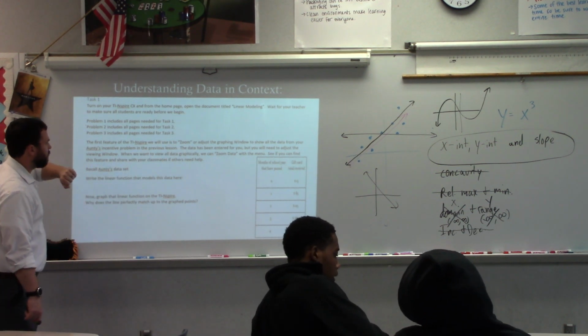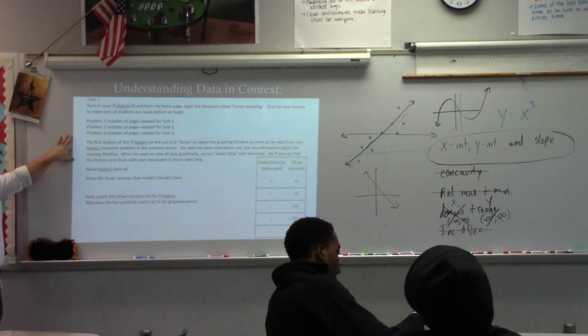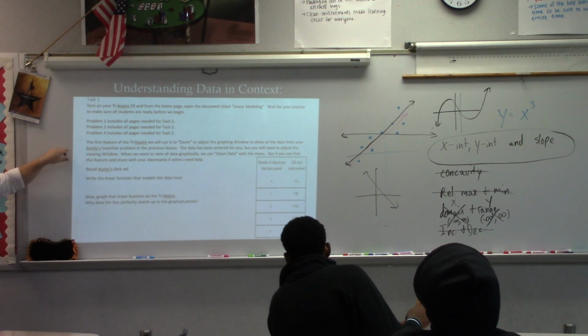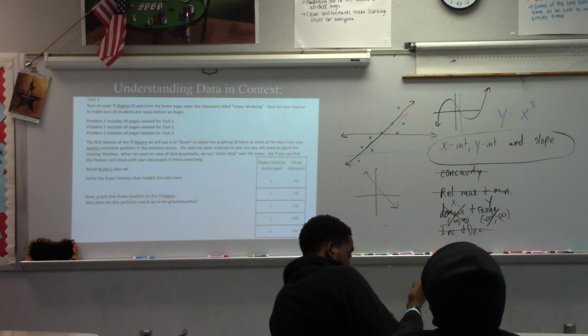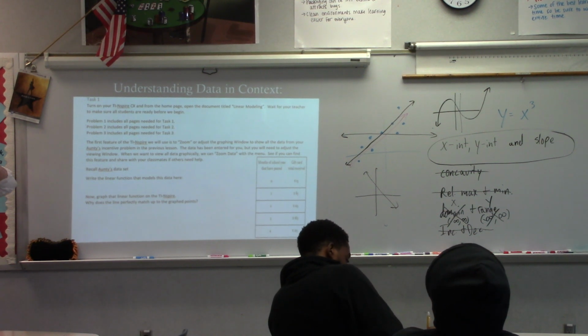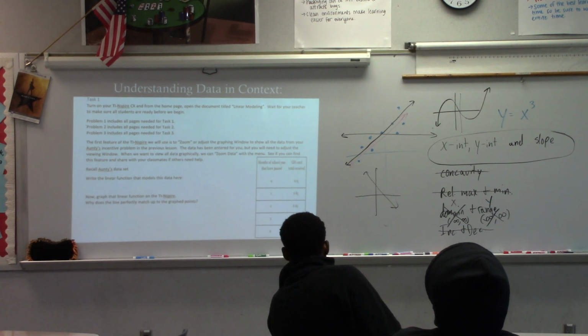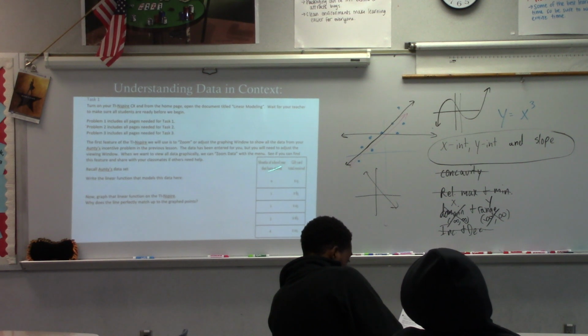Which specific zoom feature are we looking at here? Look through this paragraph. What feature are we looking at? Look at the paragraph. There's one specific zoom feature that we are using.